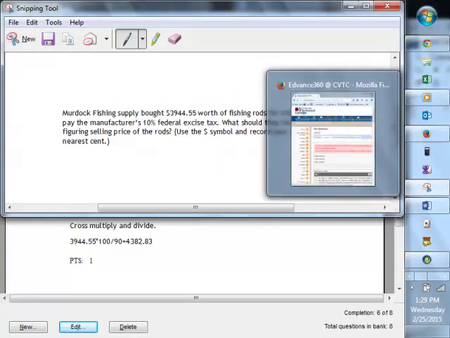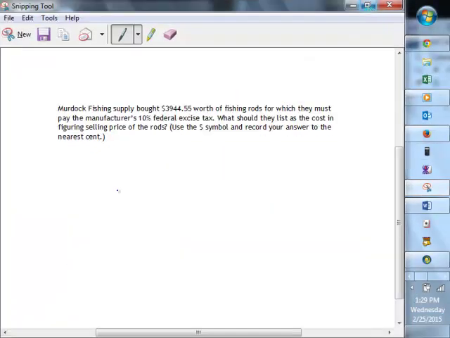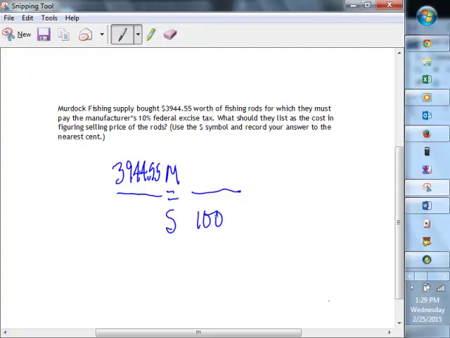When they figured the amount of excise tax, it's based on the total sale. But the one that we know is the amount that the merchandise is, which is $3,944.55.